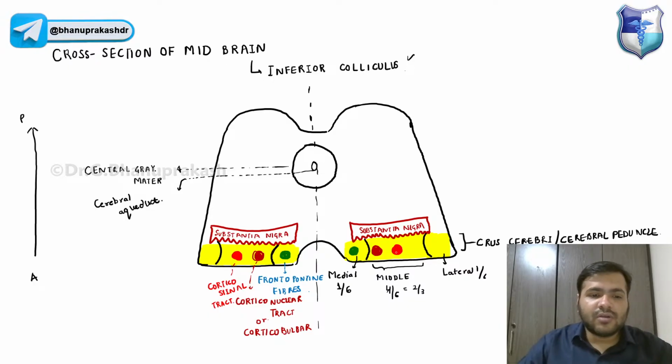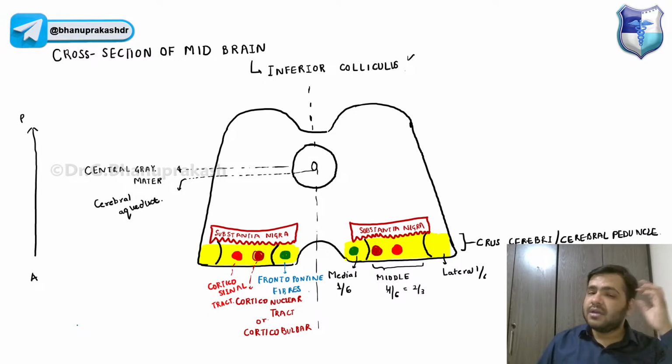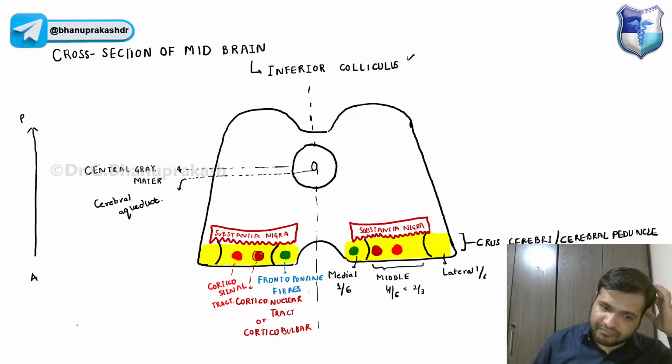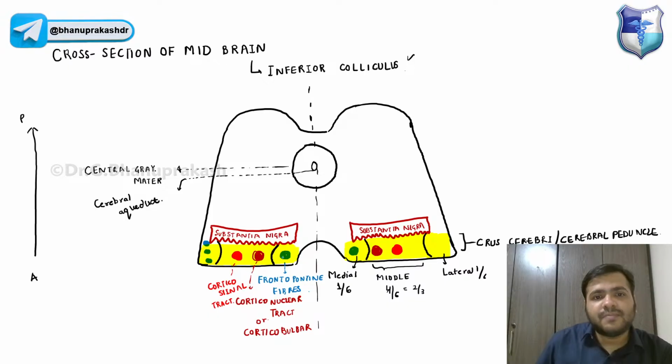And guys, now coming on to the lateral 1/6, the lateral 1/6 will have three fibers coming from the other lobes. You already know we have temporopontine fibers, parieto-pontine fibers from the parietal lobe, and occipito-pontine fibers.